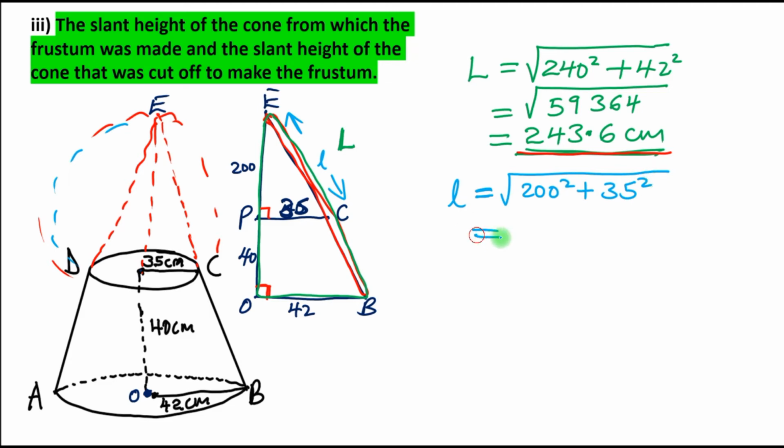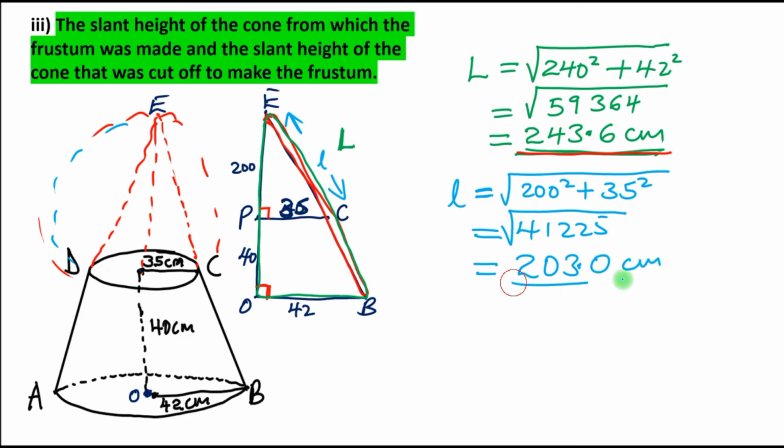So we end up getting 41,225, everything under the square root. So we get 203.0 centimeter. So that is the slant length.